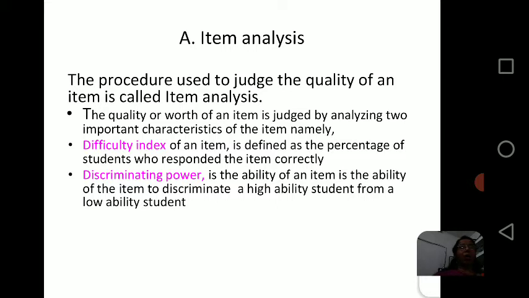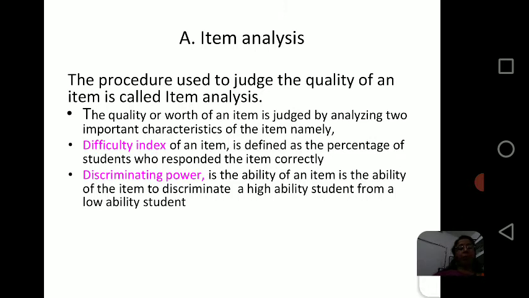There are many aspects to ensure quality of the item, but the scientific methods for ensuring the quality of item is to find out two indices. One is difficulty index, second one is discriminating power. Difficulty index and discriminating power. That means we are doing the item analysis by determining the difficulty index and discriminating power of each item.